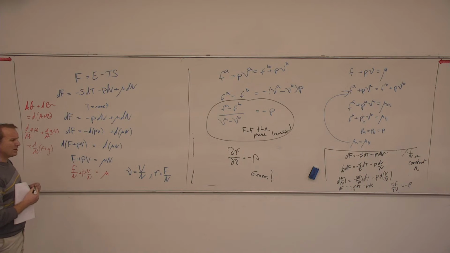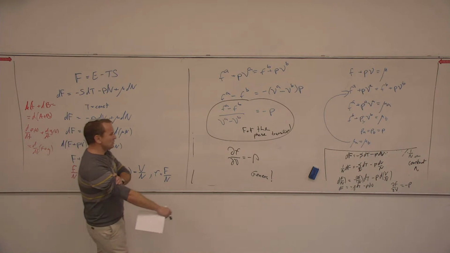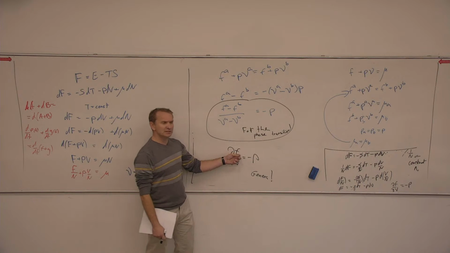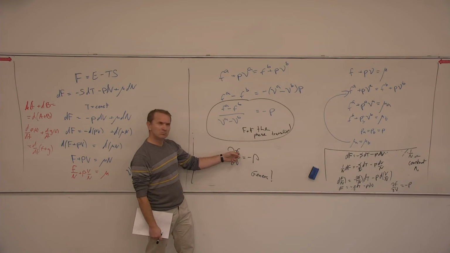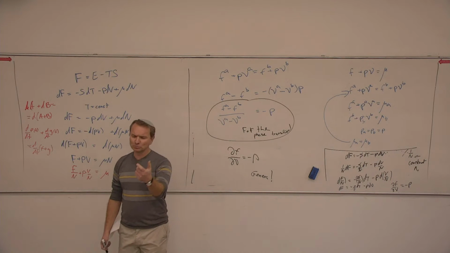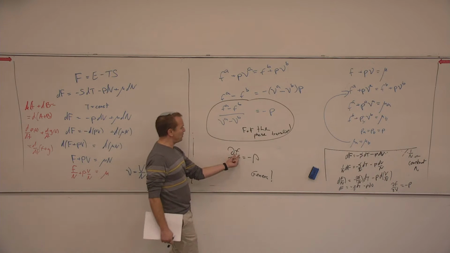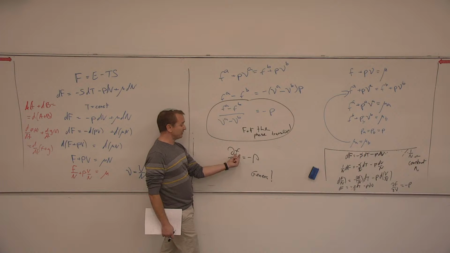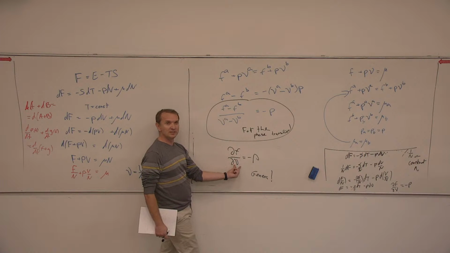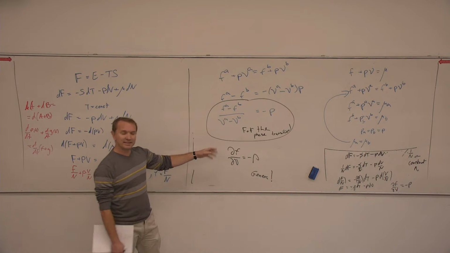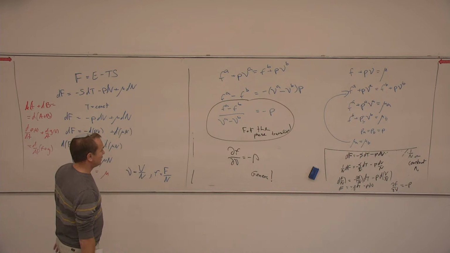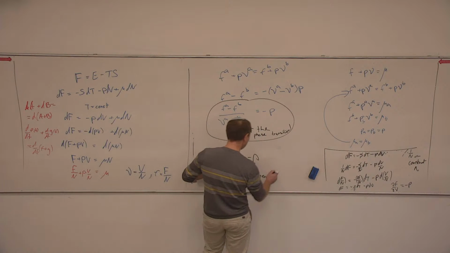Now you can also think about it using the following strategy. F is extensive, volume is extensive, so F is always the number of particles multiplied by some free energy per particle, and volume is the number of particles multiplied by volume per particle. And the N cancels out. So this is general.